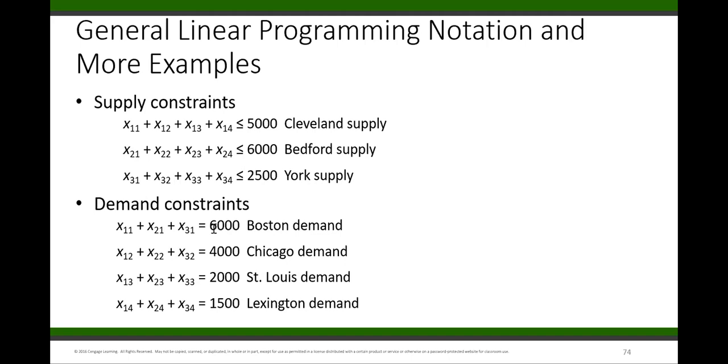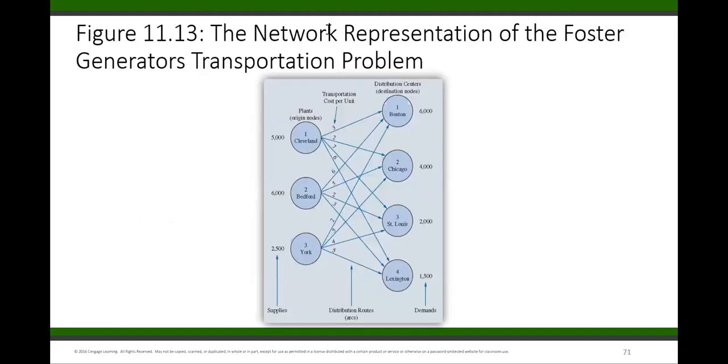Like I said, in this case, we want to make sure that the demand by each customer, by each distribution center in this case, is satisfied. The total items sent to distribution center number 1, let me come here again, to Boston, the items that are coming to Boston, are X11, X21, X31.